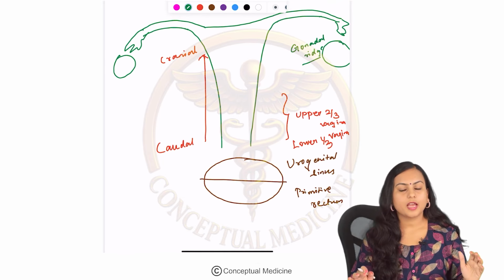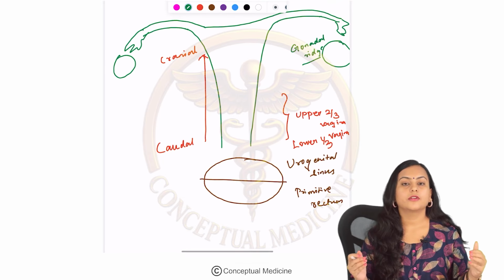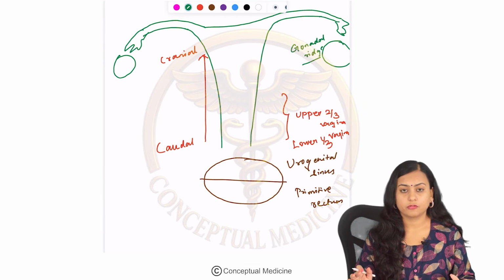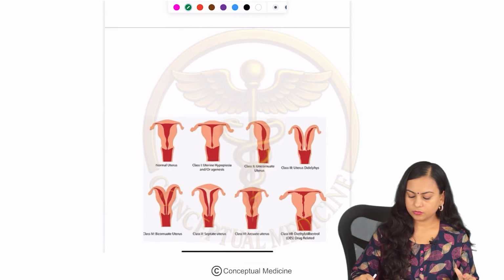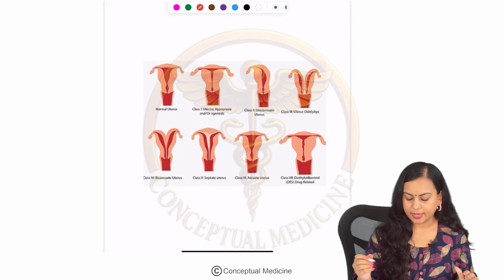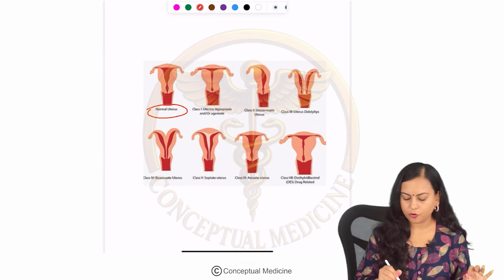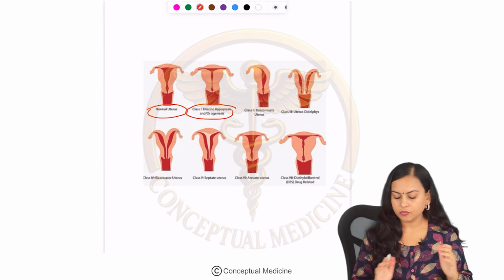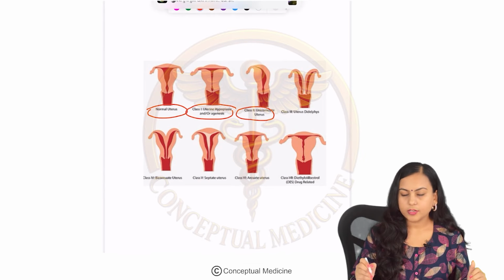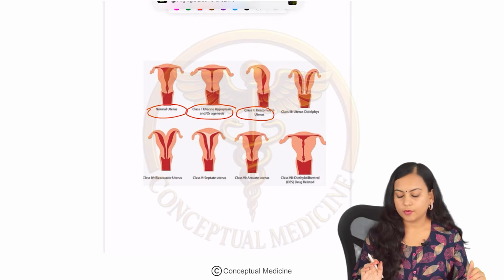But there can be so many abnormalities arising during the formation of the uterus or the internal female genitalia, right? So this many abnormalities you can have. A normal uterus will be formed like this, whereas this is uterine hypoplasia or uterine agenesis, that is Mullerian agenesis we have discussed now. Then you can have unicornuate uterus, that is only one side of the uterine horn will be present.